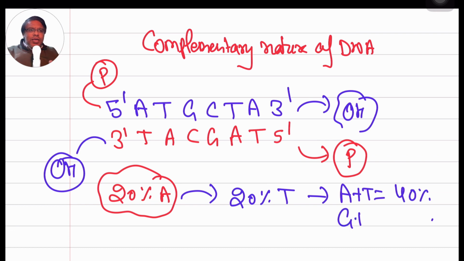Adenine plus thymine will be 40%. The rest of the bases will be 100 minus 40, meaning 60%. So guanine and cytosine will be 60%. Just halve it, because the amount of guanine equals the amount of cytosine, so you can easily tell each base's amount. Hopefully you have understood this point clearly.